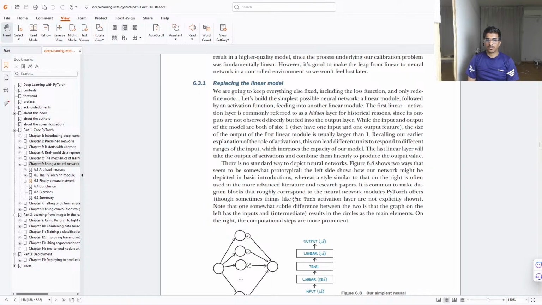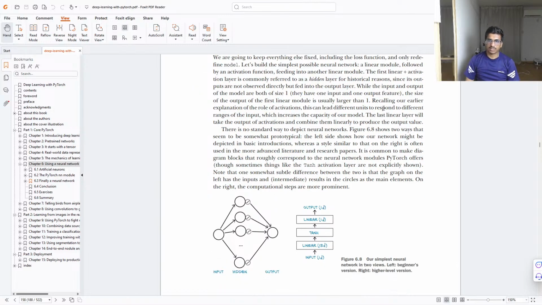While the input and the output of the model are of size 1, they have one input and one output feature, the size of the output of the first linear model is usually larger than one. Recalling our linear explanation of the role of activations, this can lead different units to respond to different ranges of the input, which increases the capacity of our model. The last linear layer will take the output of activations and combine them linearly to produce output values.